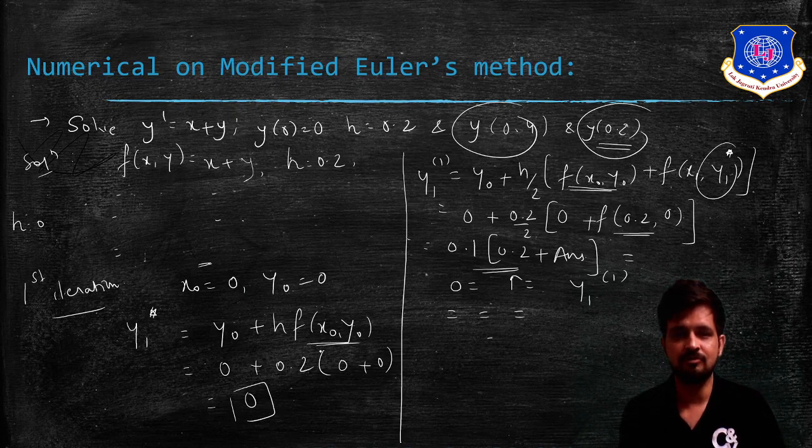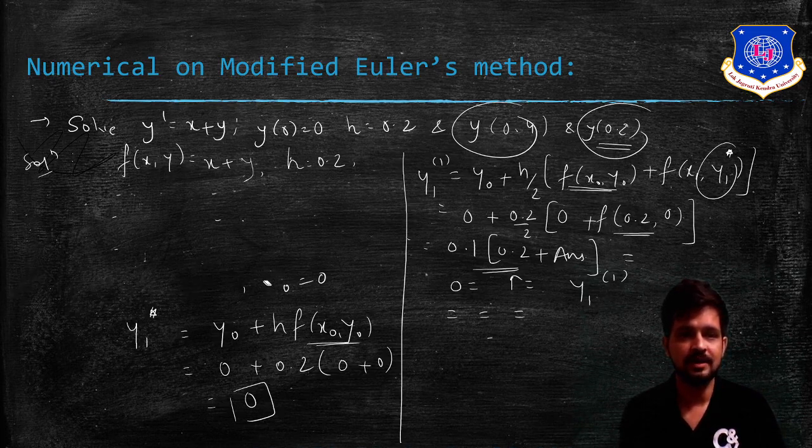So we have to start from the value of y1 star. y1 star is 0. 0, equal to, up key, equal to, this will be your y11. Then again equal to, this will give you y12. Again equal to, y13. Again equal to, y14. And you have to continue this until you get the same answer consecutively. Okay, so let me write the answers.